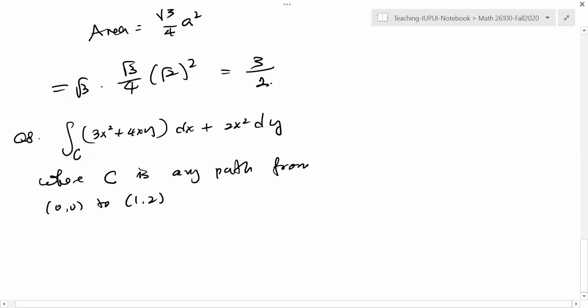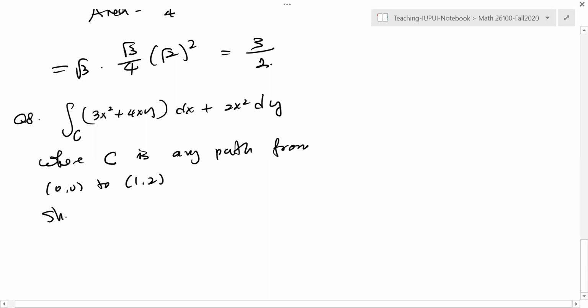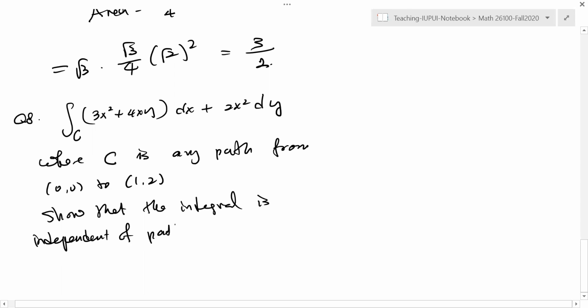Now show that this line integral is independent of the path and evaluate the integral.